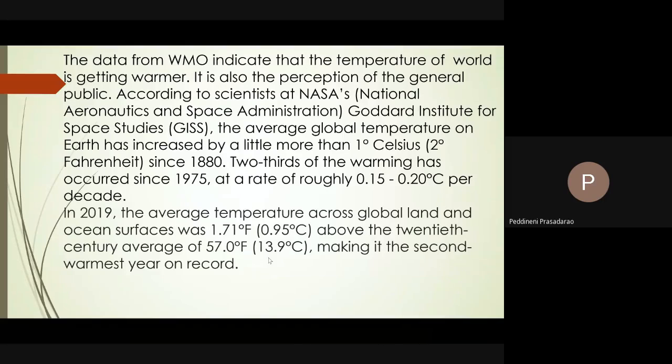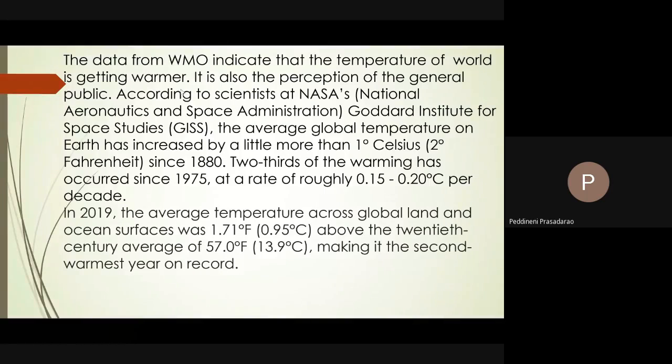The data from WMO indicate that the temperature of the world is getting warmer. As far as all the indicators and all the models are concerned, they say that the temperature of the world is increasing.